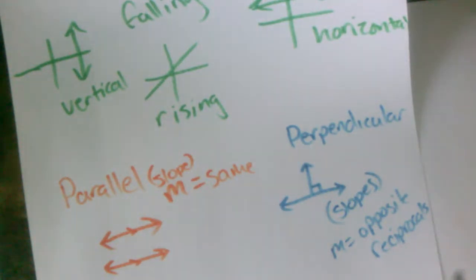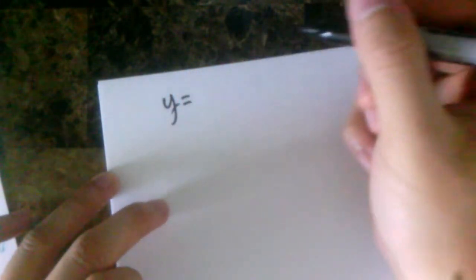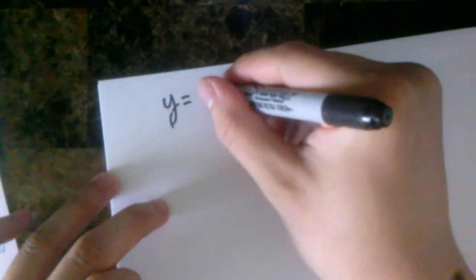Let's go ahead and talk about how to solve for this. So if I give you an equation of a line, let's make any line. I don't know, y equals 4x minus 1.